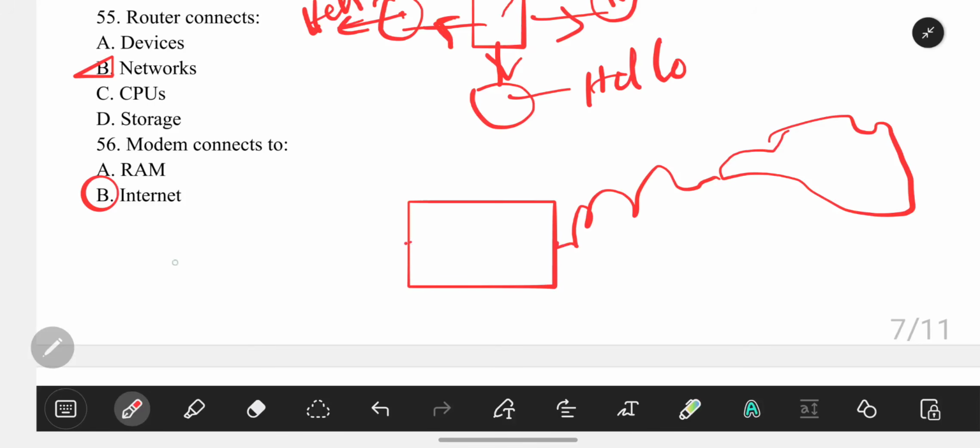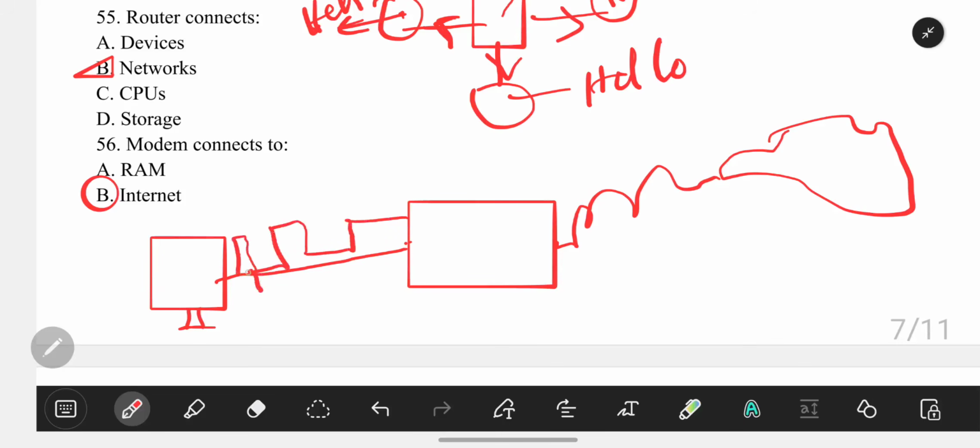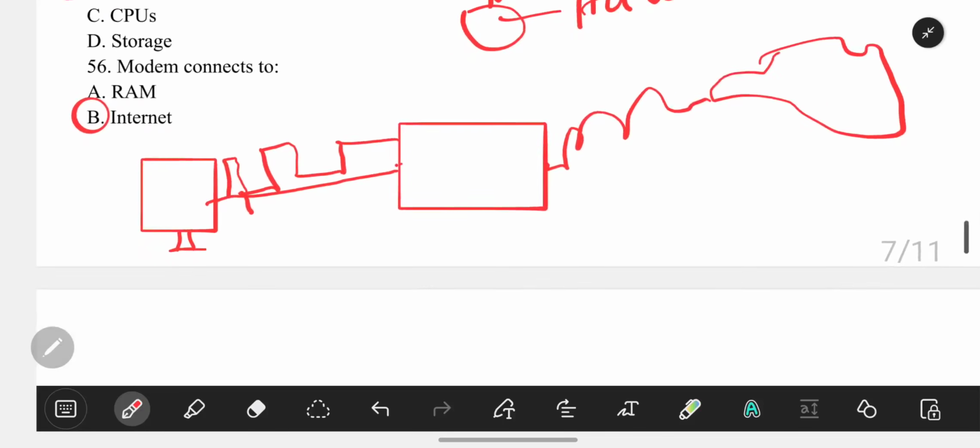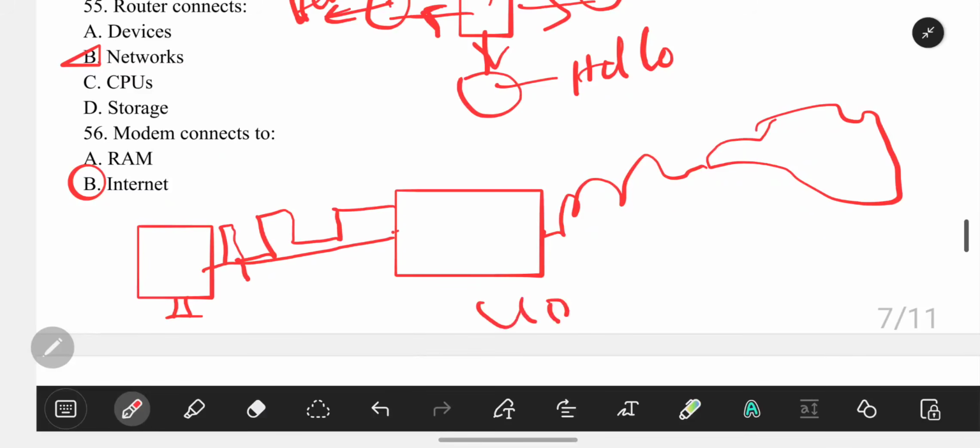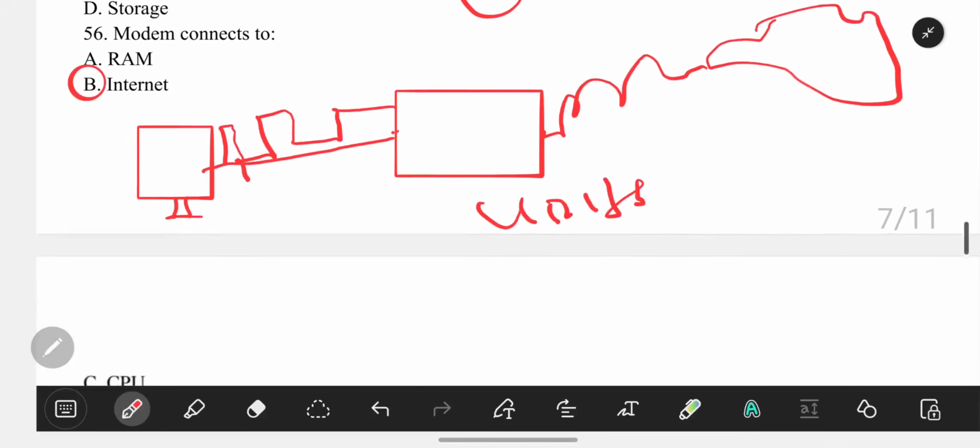Then the modem, because the computer can only understand ones and zeros, converts this signal into a digital signal which the computer can understand. So it modulates and demodulates. I have explained further in unit 6 how this is done.